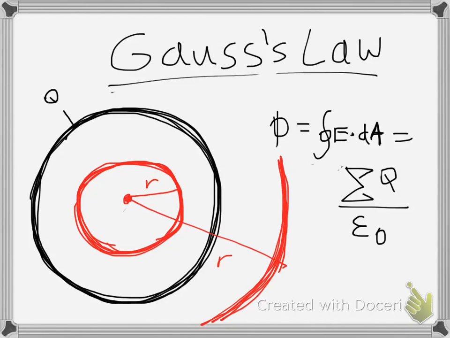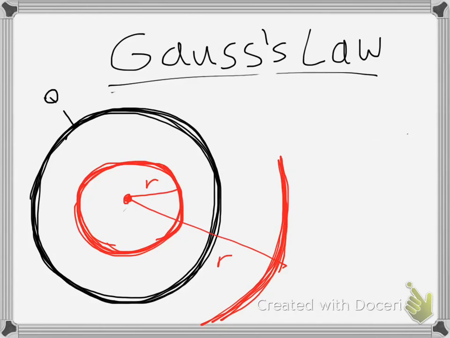I'm going to erase Gauss's law now, so you should probably write it down. Just remember that all it says is the surface integral of E dot dA is equal to the sum of the charges inside the closed surface divided by epsilon naught. You can rewind if you want to write it down.